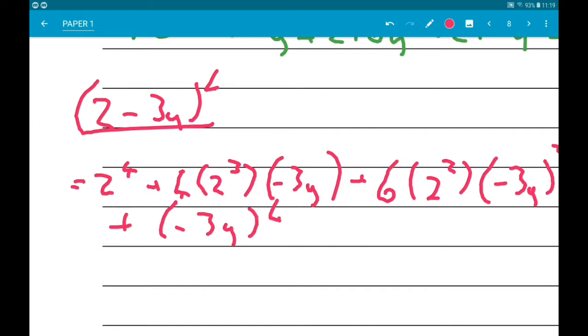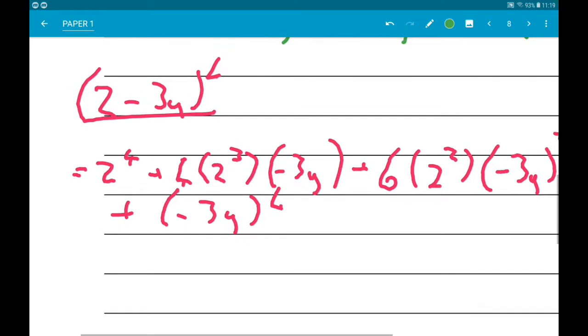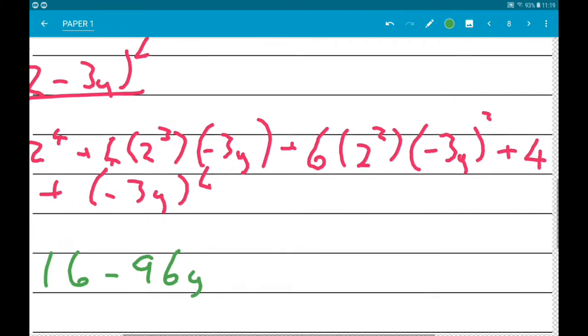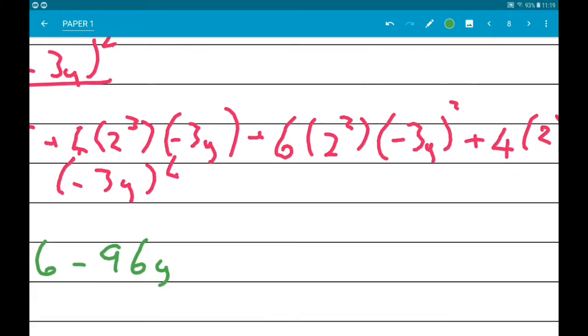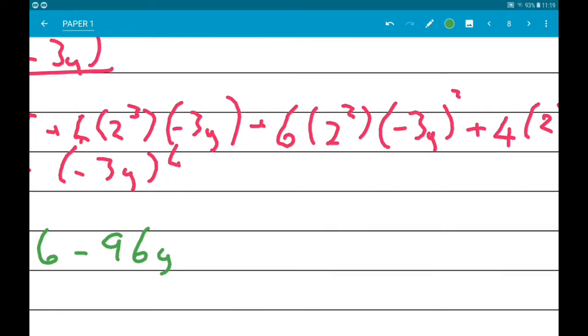Okay, so again then, 2 to the power 4 is 16. We're then going to get add 32 times minus 3y, so that's minus 96y. We're then going to get add 6 times 4 times 9y squared, so again that's 216y squared.